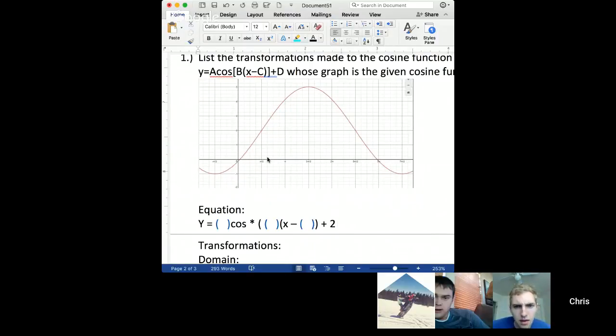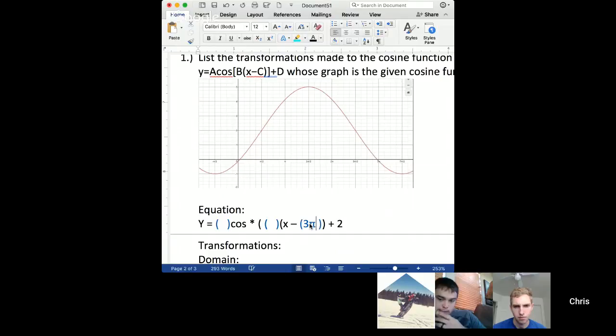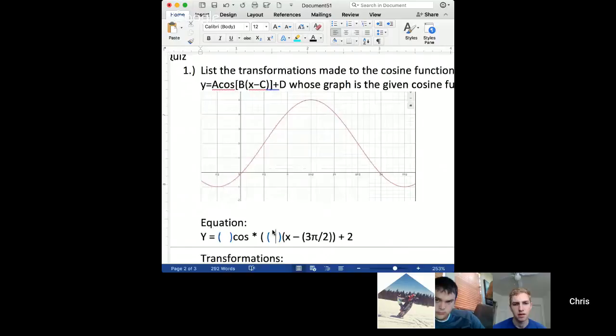It doesn't look like it. Not that I could see. It does. It goes to the right 3 pi over 2. Turn that back to black. I don't think we need anything there. 2 pi over b.